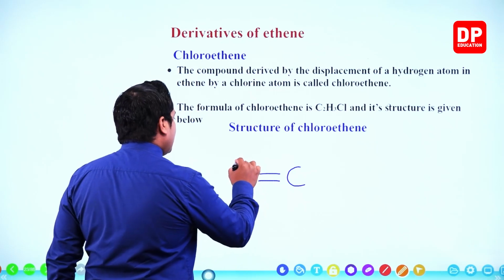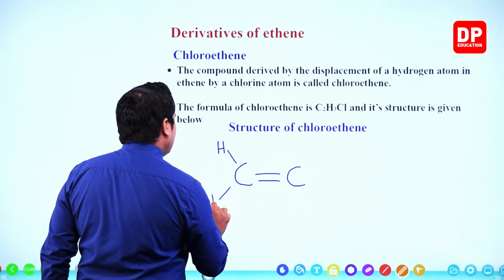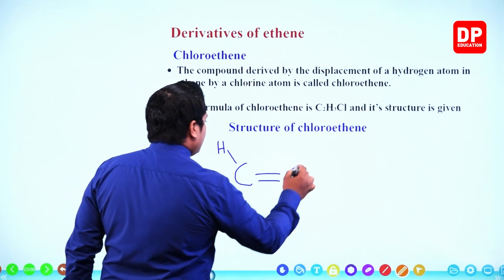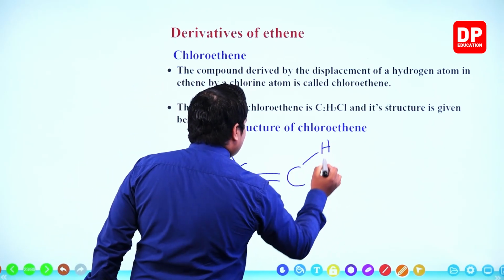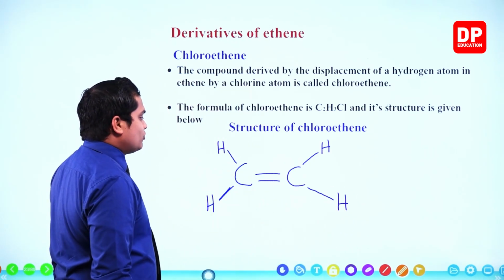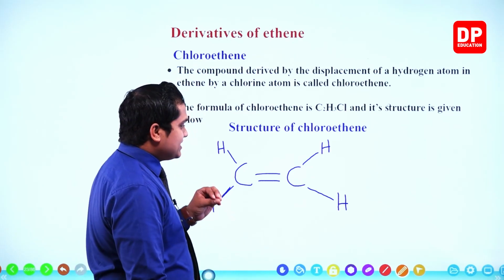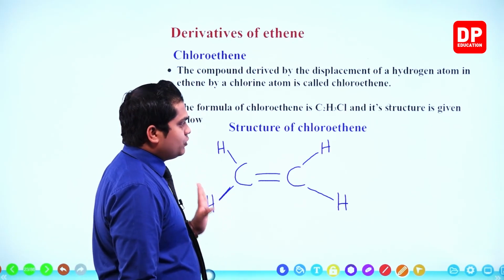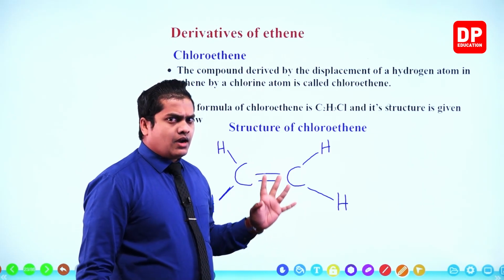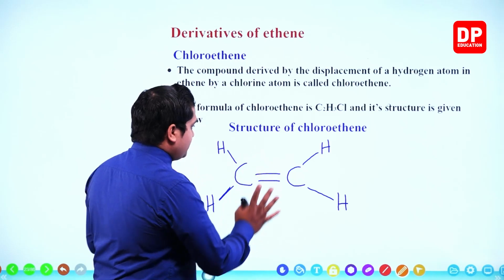Then you know that there are 4 hydrogen atoms, as the alkenes go with the common formula CnH2n. So this is ethene. Now what you have to do is displace one hydrogen atom. You can displace any, right? However, only one, any hydrogen atom out of these 4.